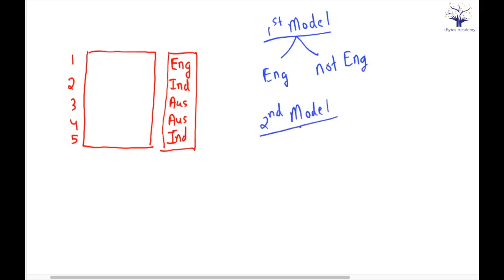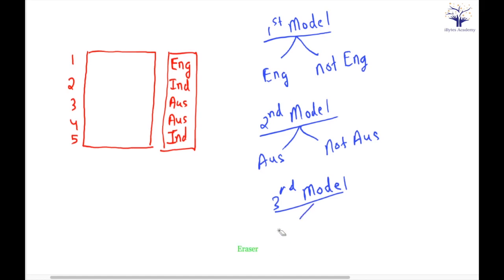is going to predict whether the winner is going to be Australia or not Australia. And similarly, my third model will be predicting whether it will be India or not India, right?